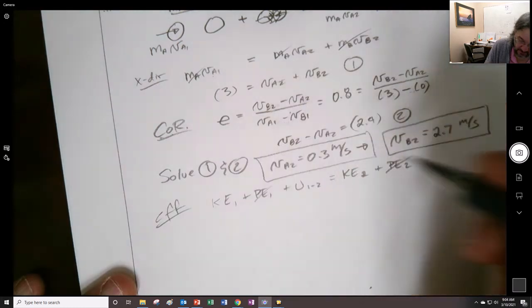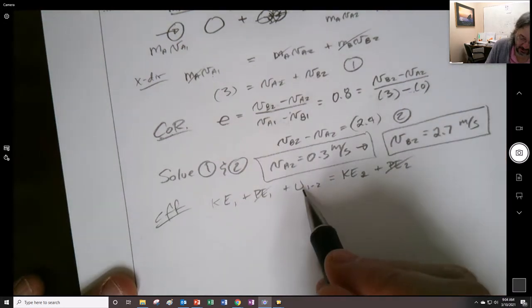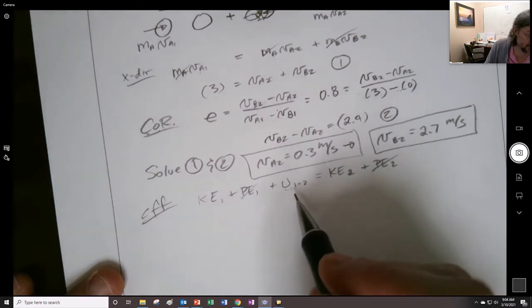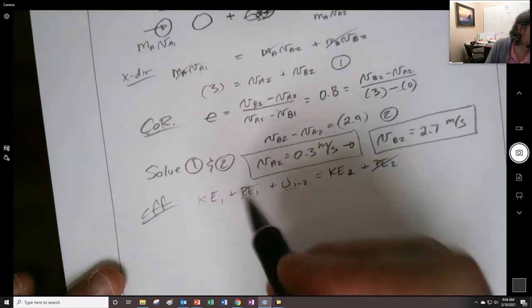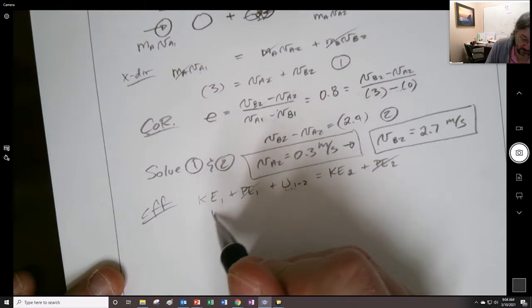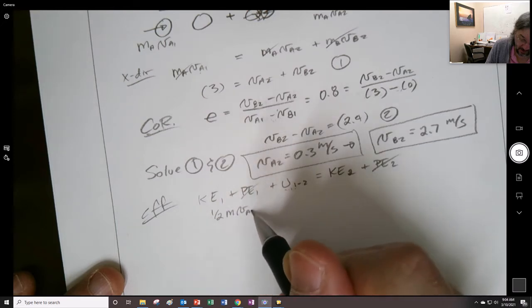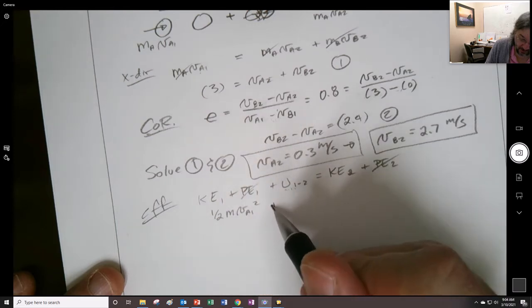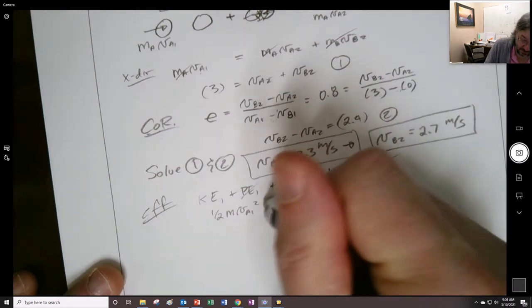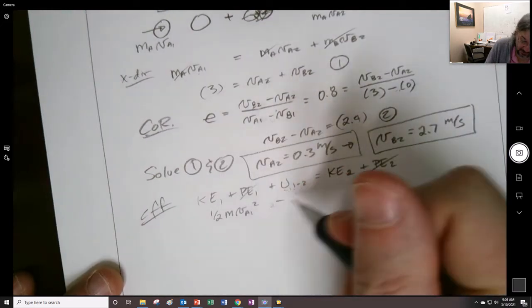Now both of those are 0. We're not actually going to solve for these losses, although we could get them. We do 1/2 mVA1 squared minus losses.